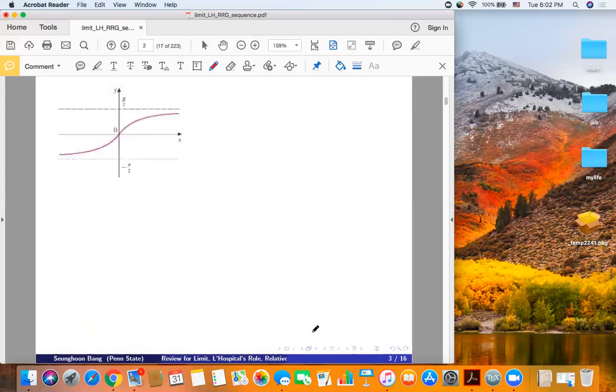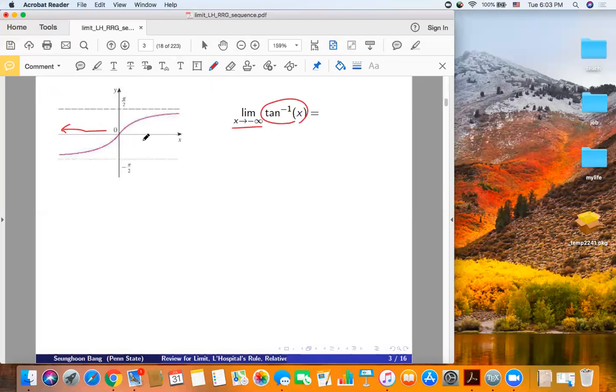The next one. This graph is inverse tangent of x, in other words, arctangent of x. What is the limit of inverse tangent of x as x value approaches minus infinity? The answer is minus pi over 2.